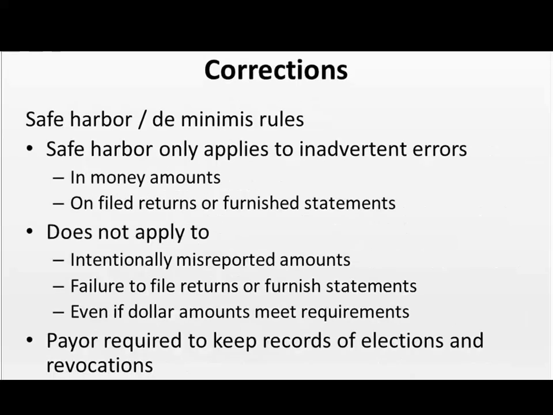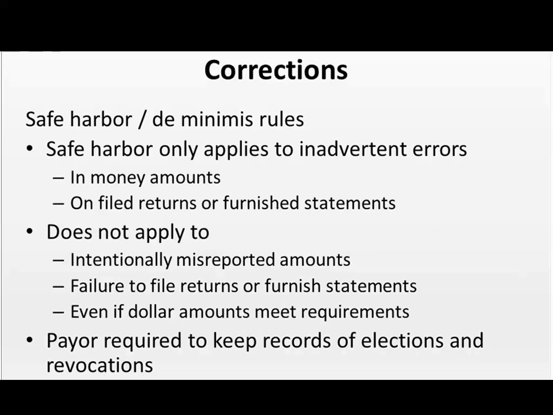The safe harbor rule only applies to inadvertent errors in money amounts on filed returns or furnished statements. So it does not apply to intentionally misreported amounts, or failure to file returns or furnish statements timely, even if the dollar amounts meet the requirements. And the payer is required to keep records of elections and revocations.